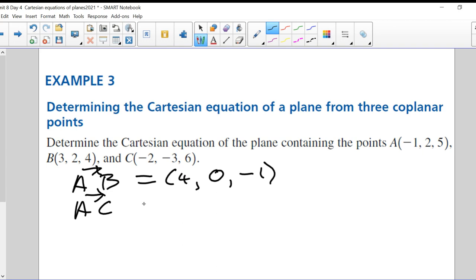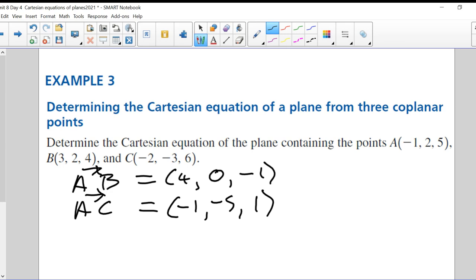Okay. My AC vector should be minus 1, minus 5, and 1. I'll double check that. I'm taking C minus A: minus 2 minus 1, so that's minus 1. And that's minus 3 minus 2 is minus 5. And 6 minus 5 is 1. Okay. Hopefully everybody is fine with that.